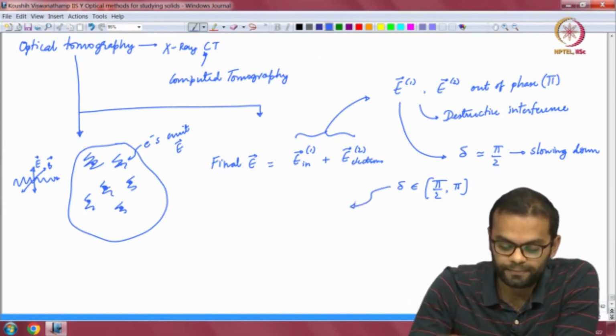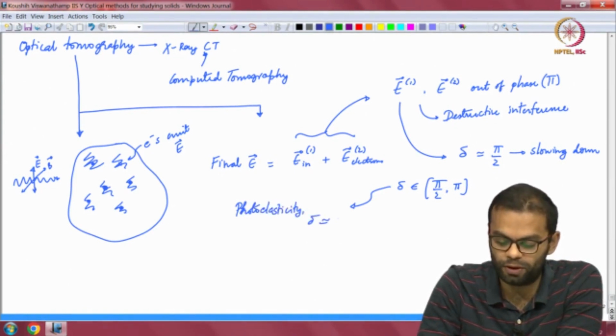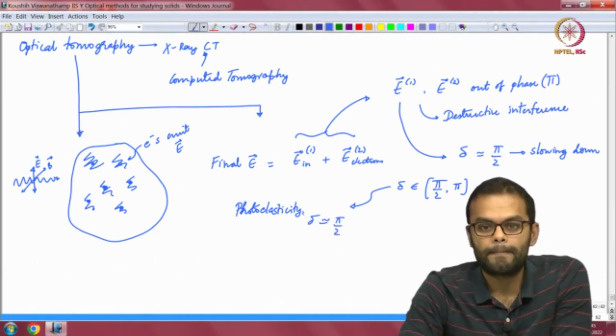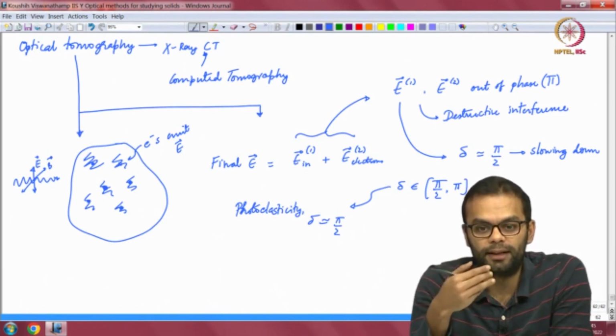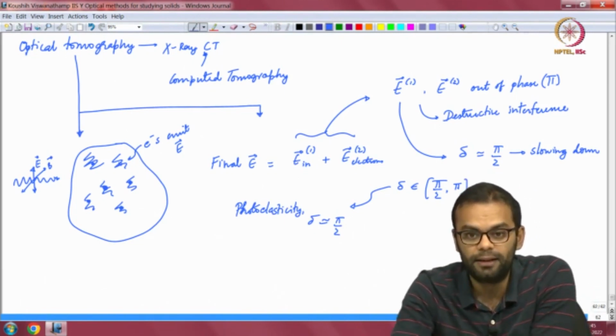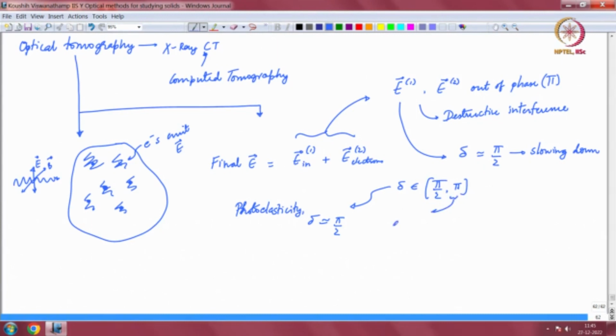Now in photoelasticity, the delta was closer to pi by 2. So the transmitted part was only dominated by the change in the speed, not the absorption. If you remember, this pi was because of absorption.